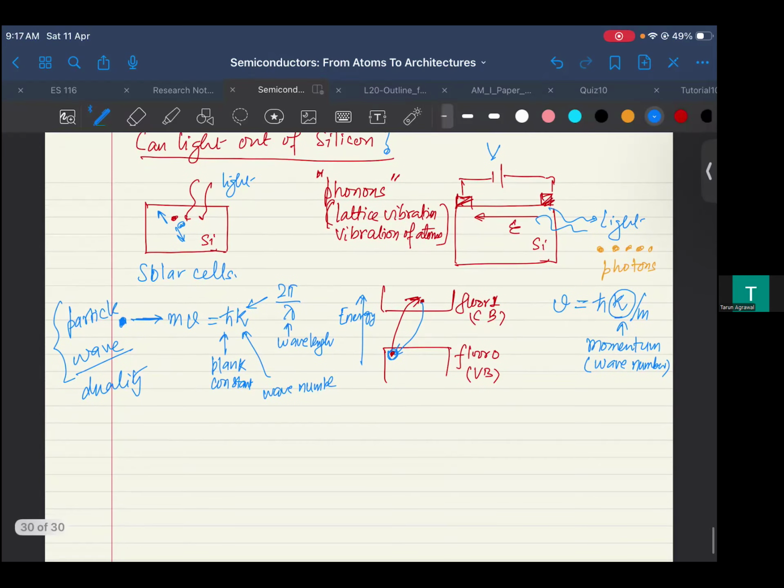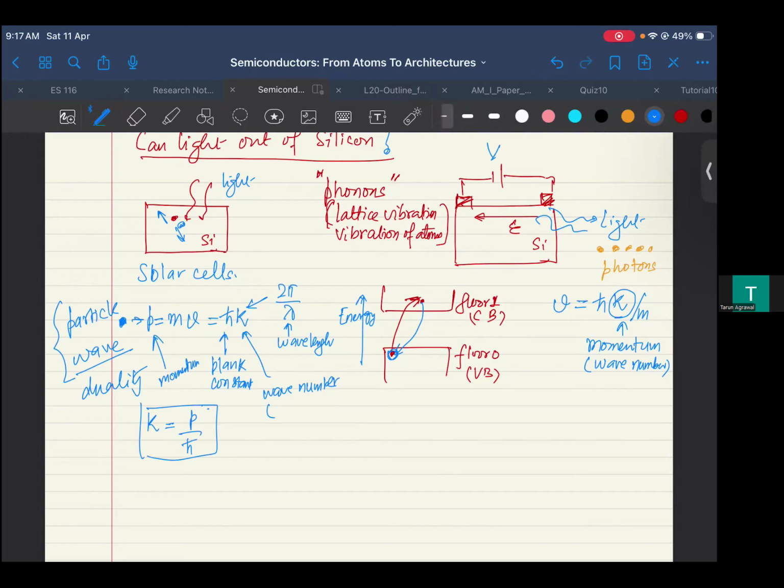So what you see is that mv, or this velocity, can be expressed in terms of your momentum, or the wave number. We largely say momentum because, if we describe it as p, which is the typical symbol we use, p is momentum. So why do we say k is momentum, loosely? Because p by h cross is the wave number.